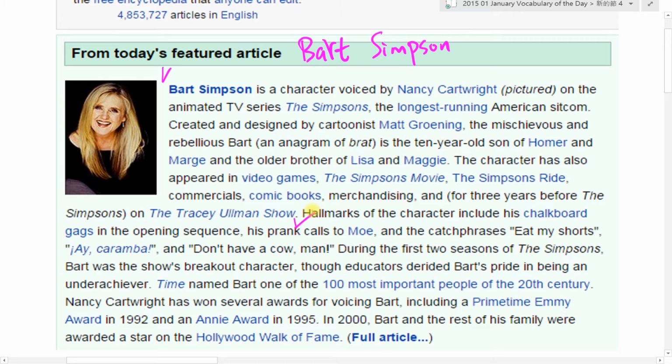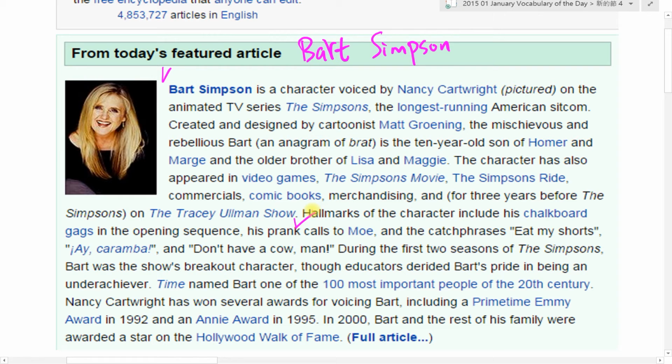The mischievous and rebellious Bart, an anagram of Brett, is the 10-year-old son of Homer and Marge, an older brother of Lisa and Maggie. The character has also appeared in video games, The Simpsons movie, The Simpsons ride, commercials, comic books, merchandising, and for 3 years before The Simpsons on the Tracy Ullman Show.